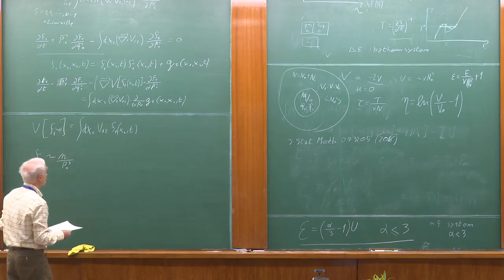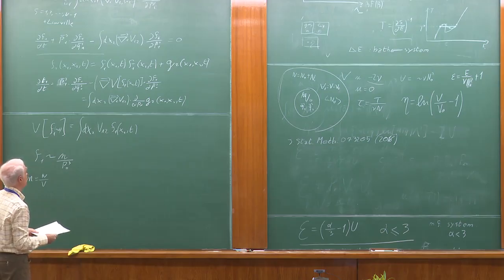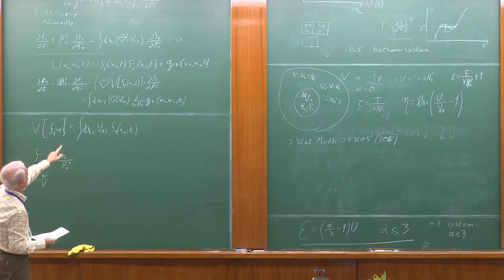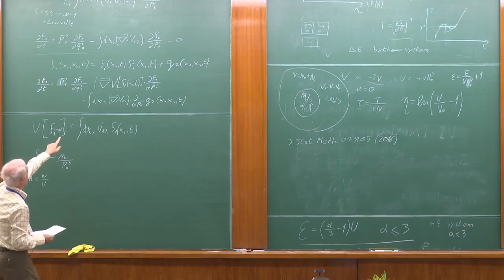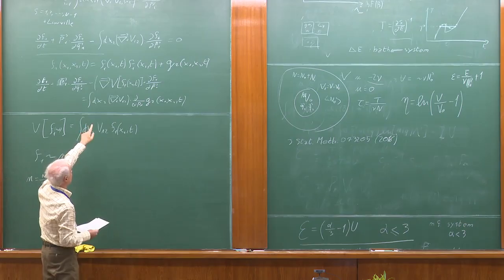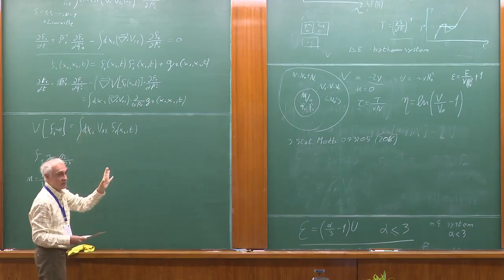Consider first the short-range systems. Short-range system means that the gradient of the potential has a short range.